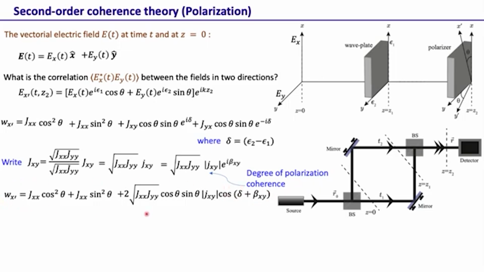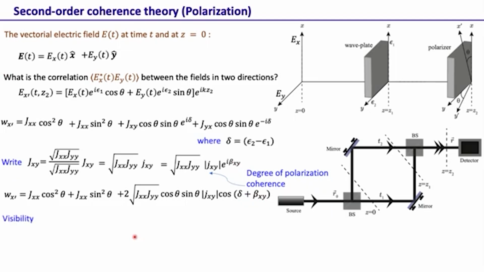So this is the general formula for the polarization interference. It contains the degree of polarization coherence, and it also has this cosine term which is responsible for seeing the fringe pattern, and it varies as a function of delta, and of course beta, which is a fixed quantity here for a given field.